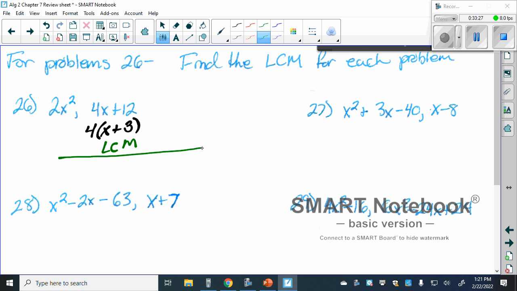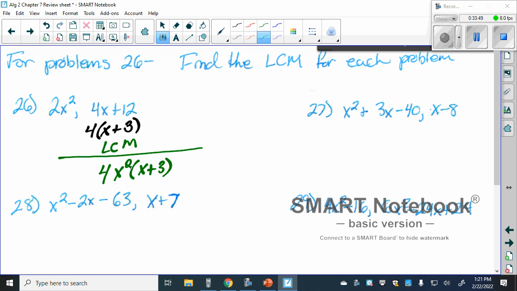So now we can actually find the least common multiple. Well, I know I'm going to need an x plus 3. It shows up in one of the terms, so we need it. What other variables do we need? Well, we'll need a 4, actually. But we'll also need the x squared.